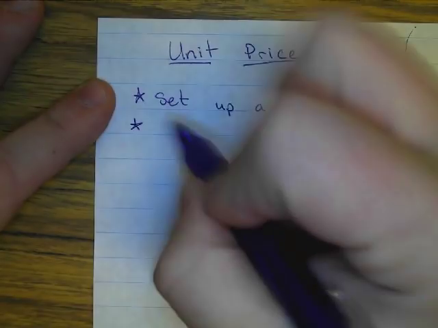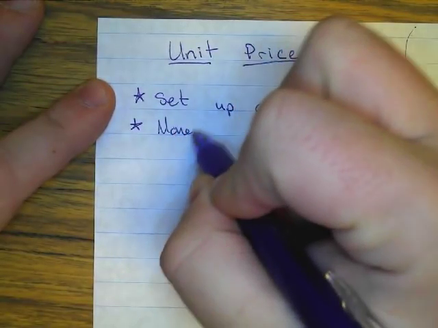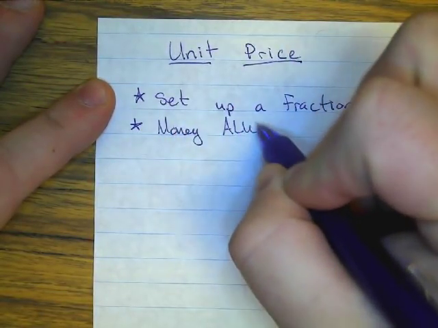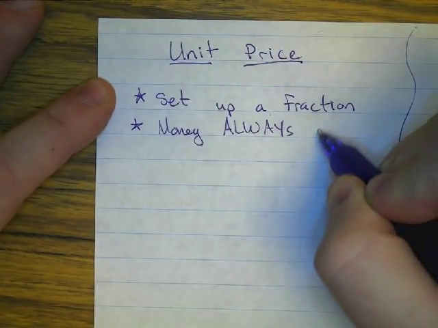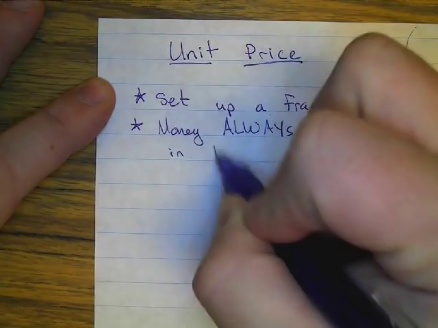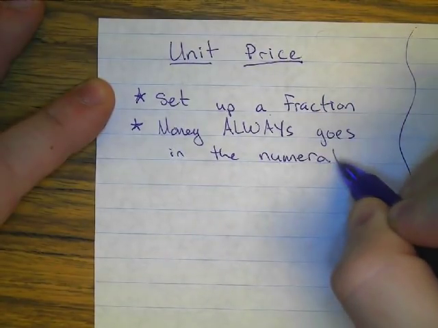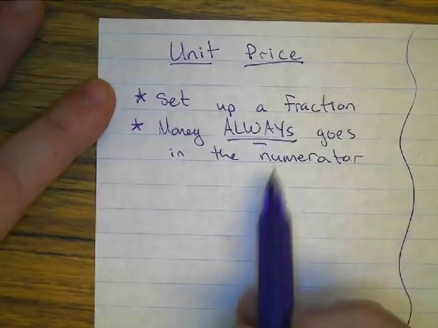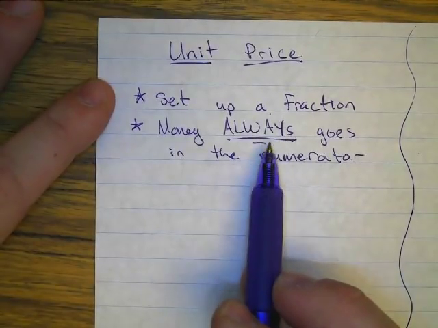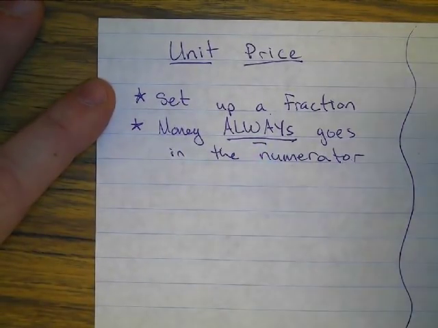And then money always goes in the numerator. This is for unit price. Only for unit price.